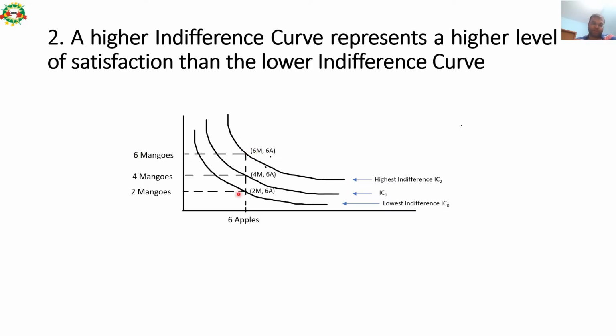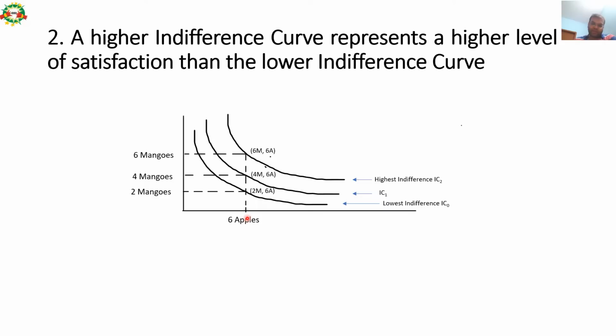Obviously, the level of satisfaction a person will get with a combination of 6 mangoes and 6 apples will be much higher than the level of satisfaction the other consumer will get with a combination of 4 mangoes and 6 apples. So the person sitting on this indifference curve will have higher satisfaction than consumers sitting on this indifference curve.